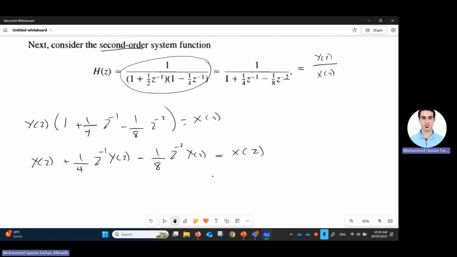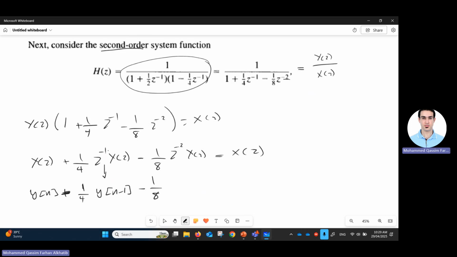Now find the difference equation. I go back to the n domain, to the discrete domain. Y of z will give me y of n. 1 over 4 z negative 1 Y of z, so that's a delay by 1. So 1 plus 1 over 4 y of n minus 1. Is it clear how I got from this one to this one?